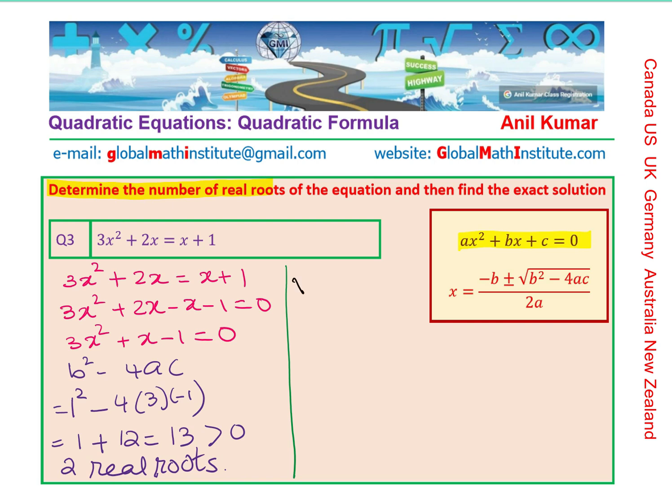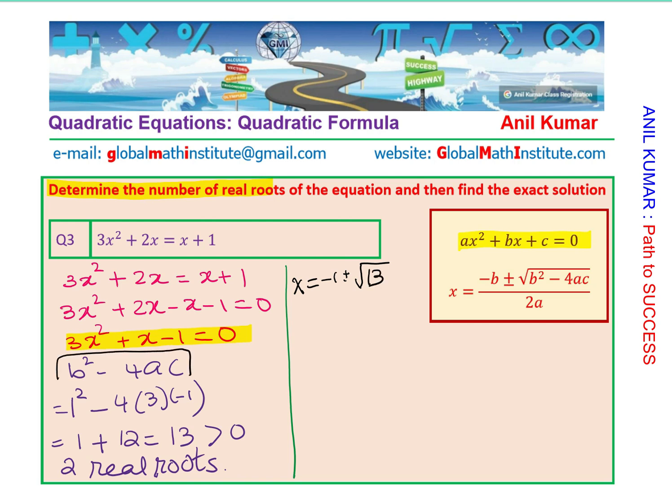So let's calculate x equals minus b, which is minus 1, because we are going to look into this equation, right? Simplified. Great. So minus 1 plus or minus square root of 13, right? So this value b square minus 4ac, we just calculated as 13, we are putting directly, right? Divided by 2 times a, which is 3 for us. So 2 times 3.